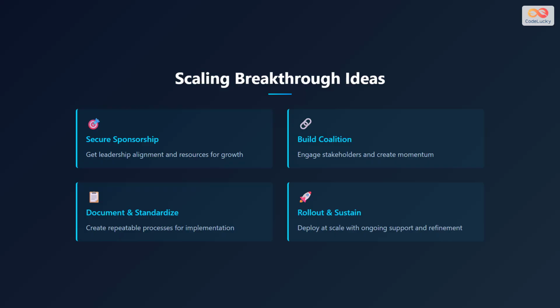Create a blameless post-mortem process where teams analyze what went wrong without pointing fingers. Help people understand that failure is a valuable source of learning. Share failure stories in your organization to normalize it. When people see that failure doesn't end careers, they become bolder in their thinking and more willing to pursue innovative ideas.